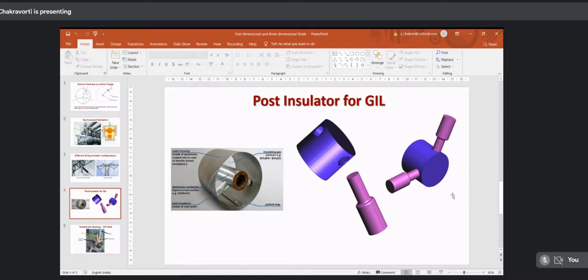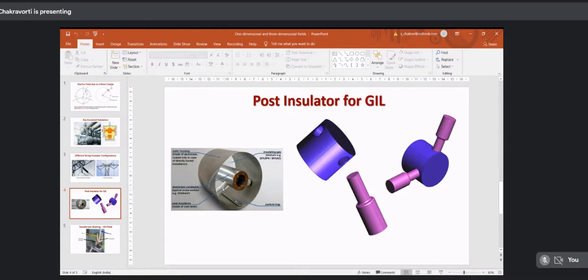But then comes the question: look at this arrangement itself, this GIL. This white one is actually a post insulator made of a certain material, cast resin mainly. You can read, in small letters, made of cast resin on the left side.